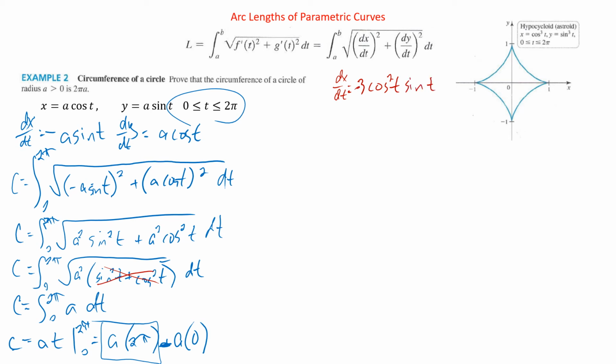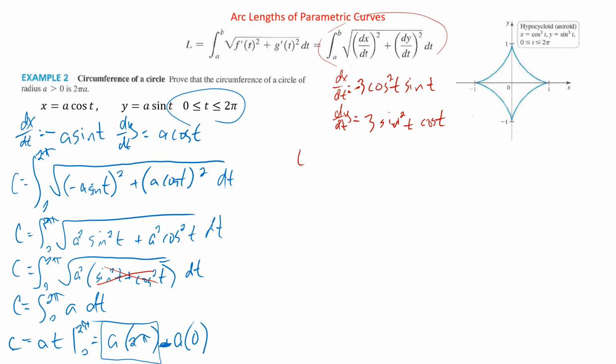We'll put the negative out in front. And then dy over dt: y is sine cubed, so we'll have 3 sine squared t times cosine t.